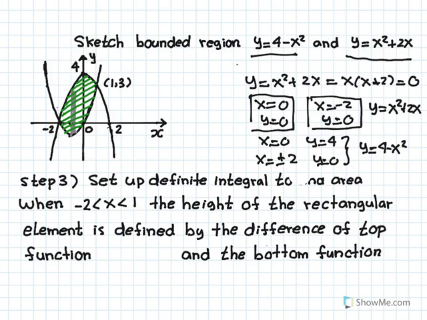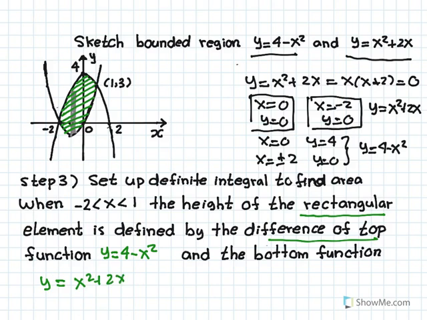So now let's set up a definite integral to find the area when x is between minus 2 and 1. The height of the rectangular element is defined by the difference of the top function, which is y equals 4 minus x squared, and the bottom function, which is y equals x squared plus 2x.